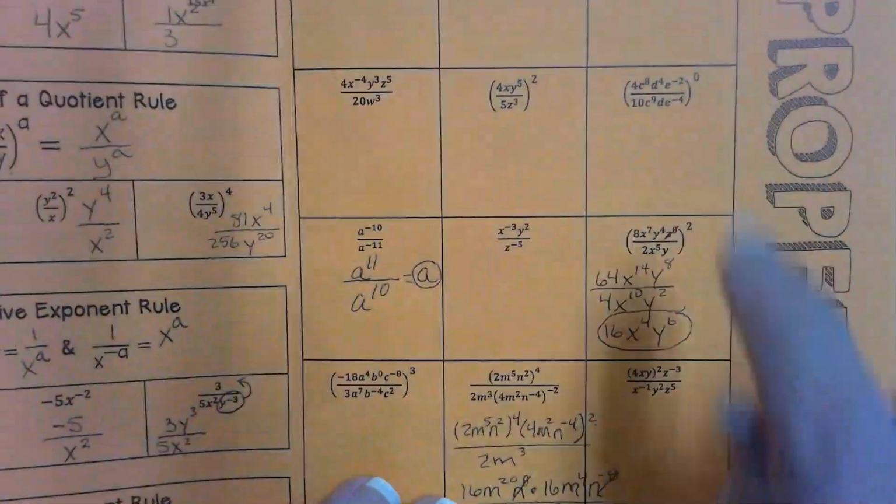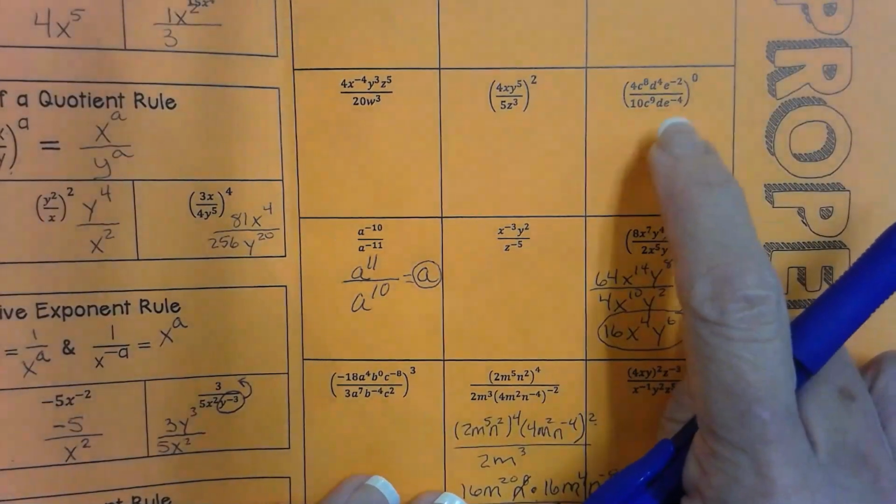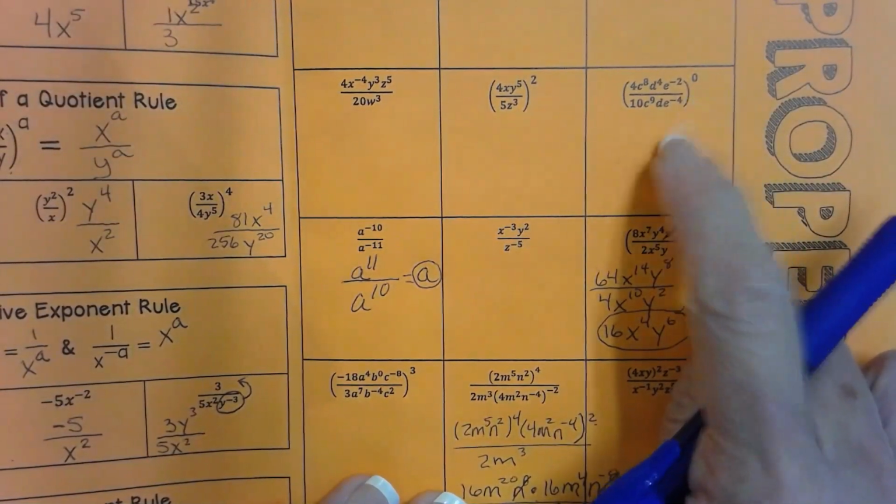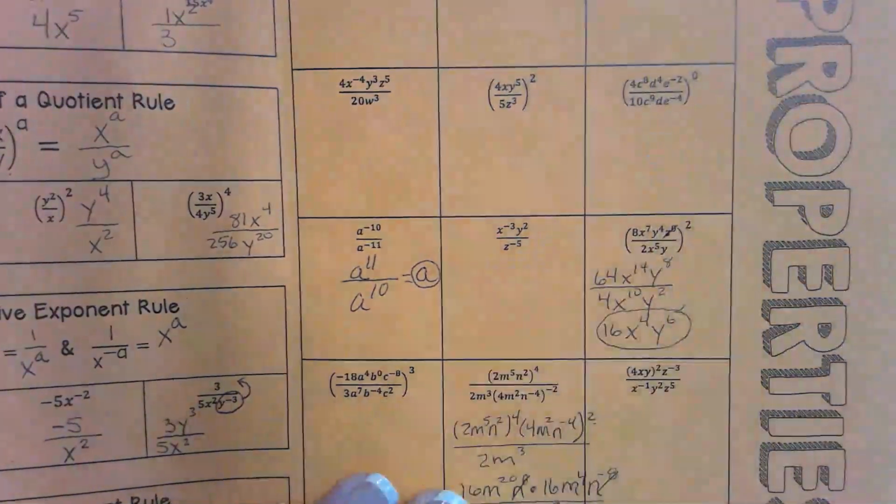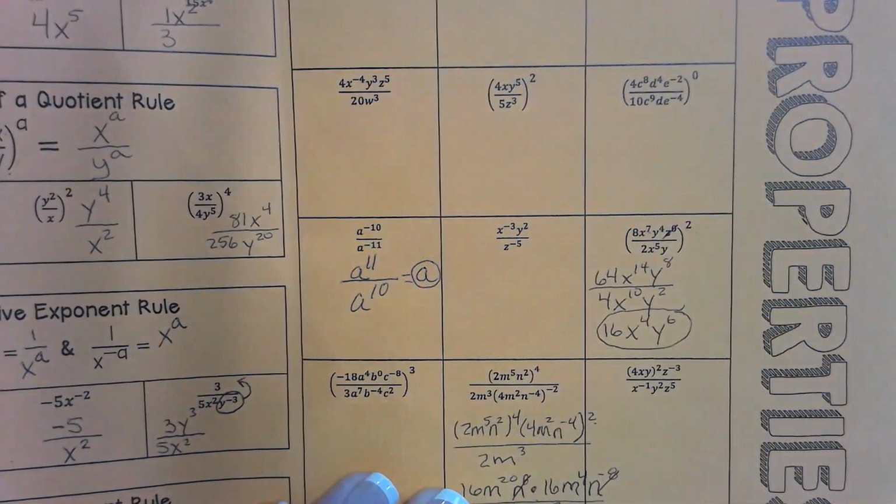Okay? Let's do this guy. Somebody tell me how to do this guy. 4 divided by 10. Okay, 4 divided by 10, we could do that. There's something better we could do. We could look at our zero power rule.